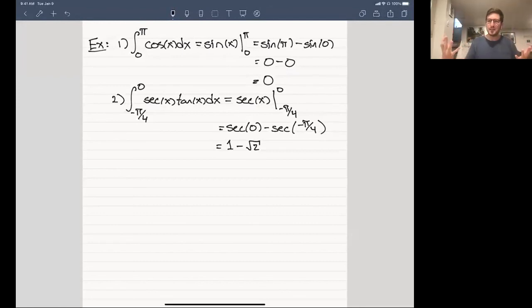But think about how great this is, right? This tells us that we don't have to do Riemann sums anymore, right? We spent all of this time getting very good with derivatives. And it's finally paying off, right? Because now we can intuit what antiderivatives are going to be. And that means that we can apply these fundamental theorems of calculus in order to greatly simplify these integral calculations.